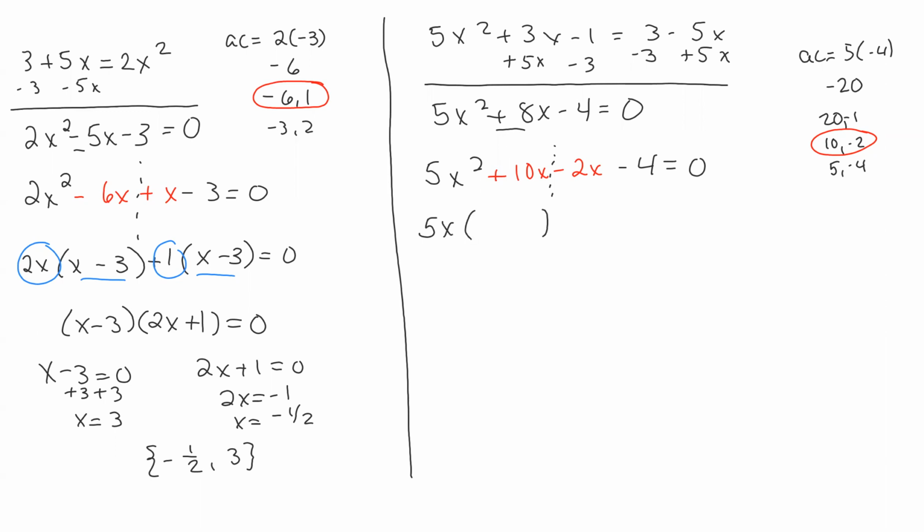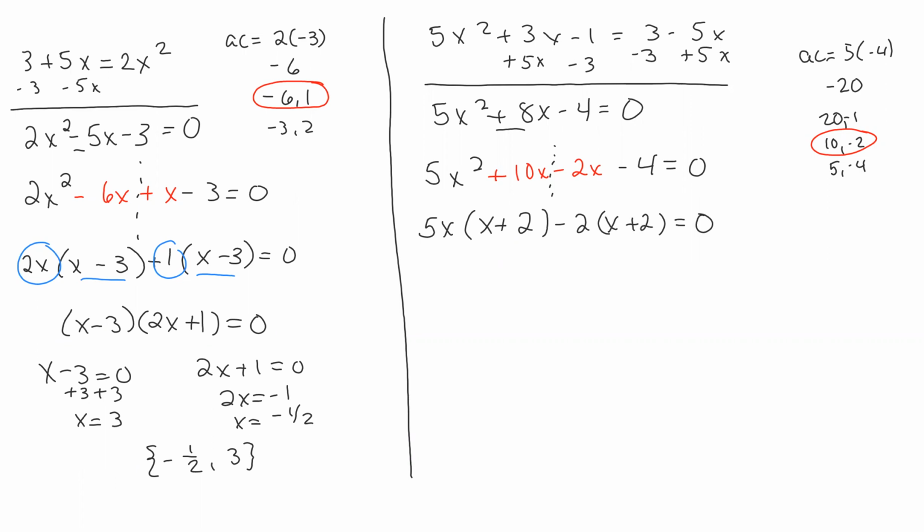When I divide both of those terms by 5x, I'm left with x plus 2. Let me fix my plus sign. It looks kind of crazy. And then looking at the right-hand side of this equation, I have negative 2x minus 4. My GCF here is negative 2. So when I factor out negative 2 from negative 2x and negative 4, I get x plus 2.